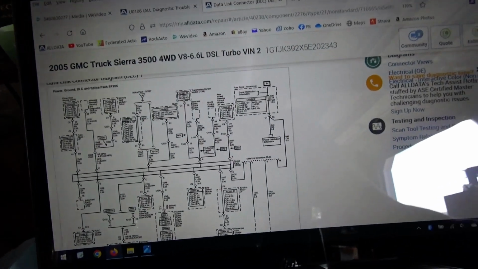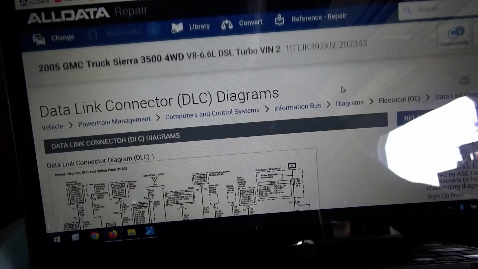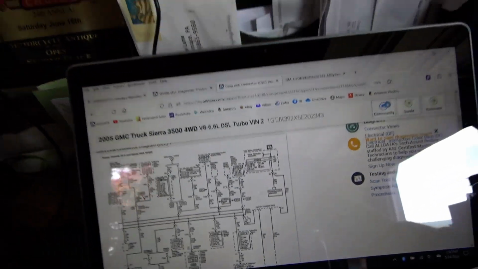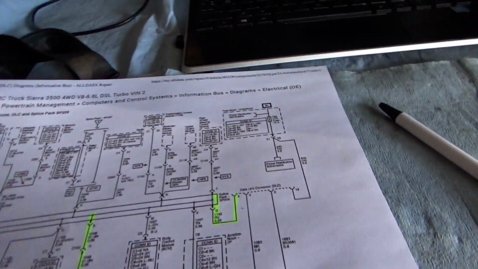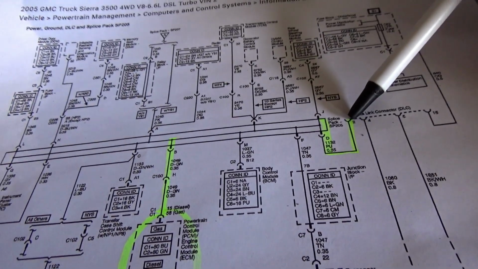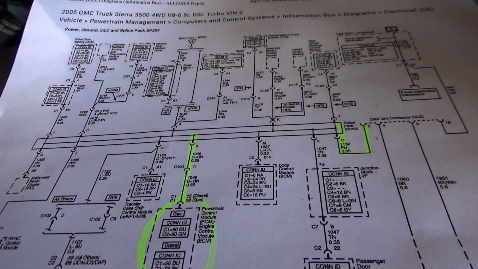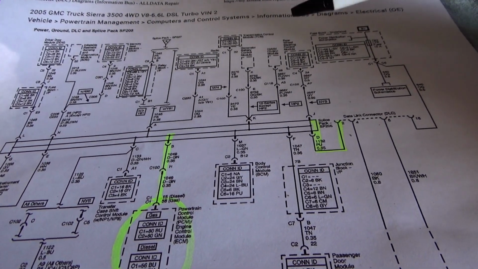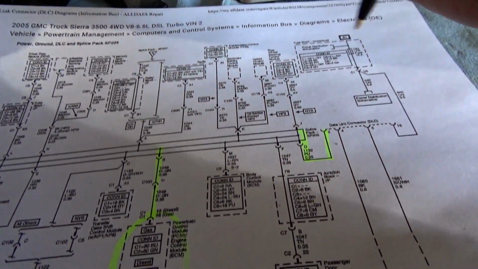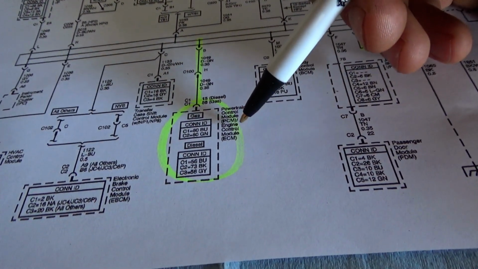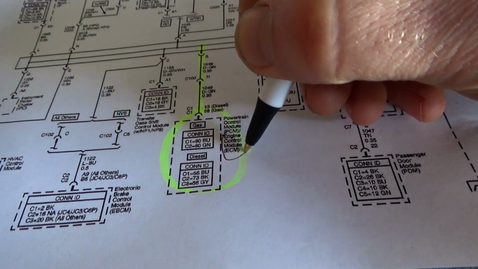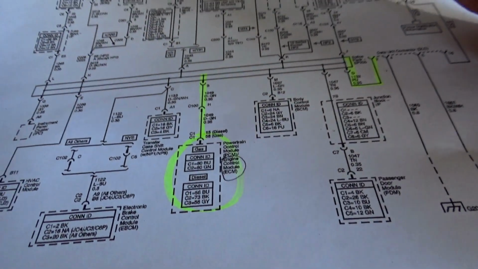Okay, wiring diagrams. This is the OE diagrams. I have them printed out. So you can see here at the DLC, the only communication pin is pin 2. So this is still a class 2 single wire vehicle. This is pre-2007. And if you see all the modules here, powertrain control module or engine control module. So the diesel, it's called an ECM because the TCM is separate.